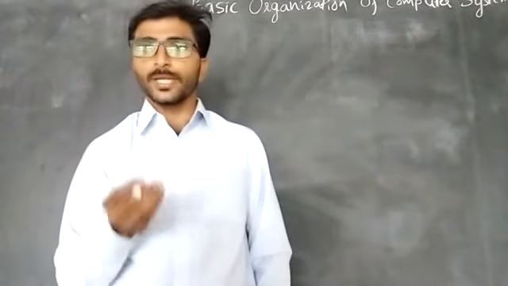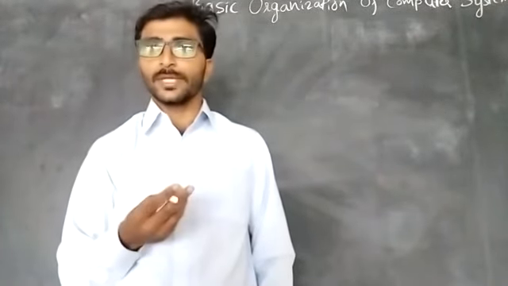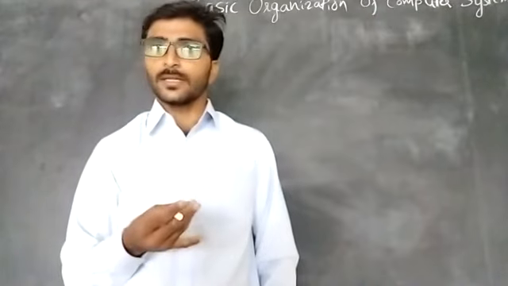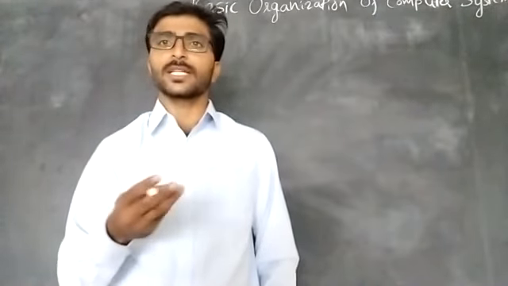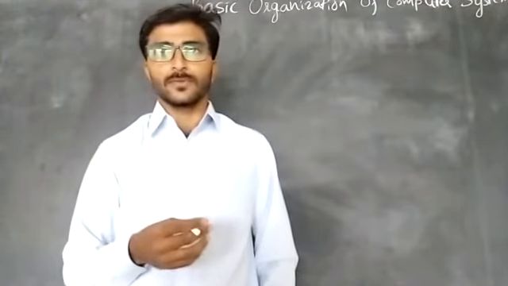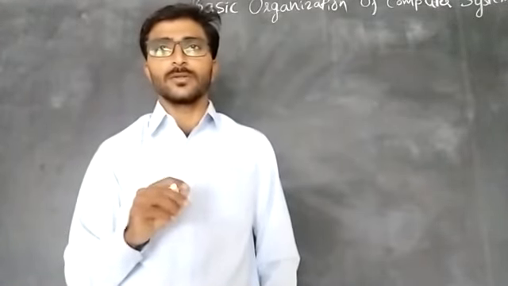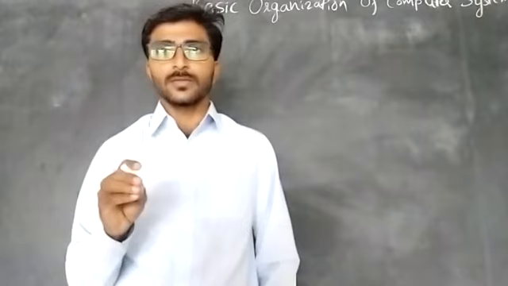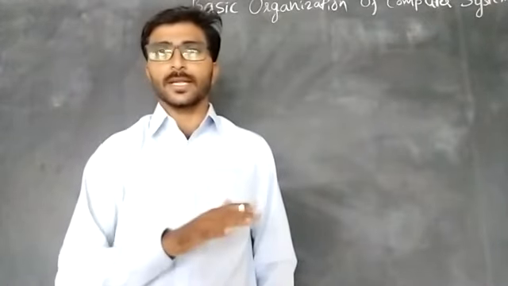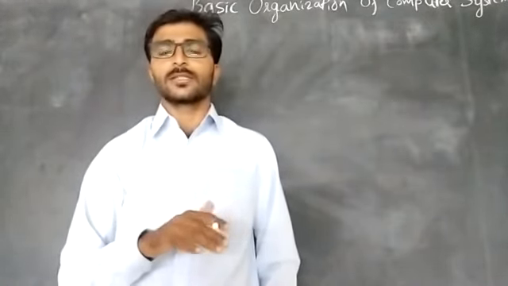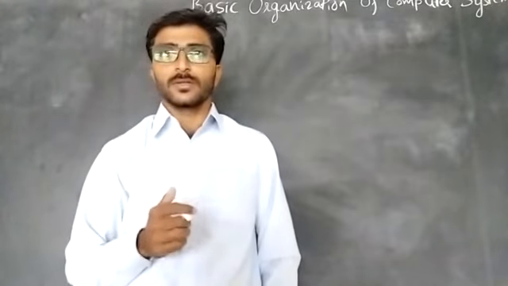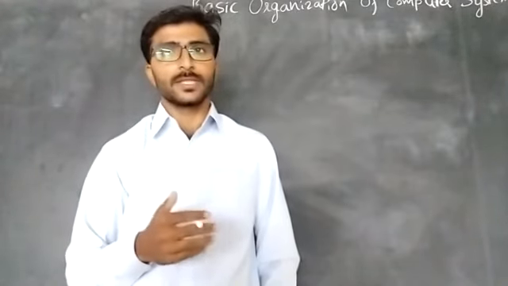First one is inputting, storing, processing and outputting. The last one is controlling. These are the 5 main functions of the computer. We discussed these in the previous class, along with some examples of the respective functions.